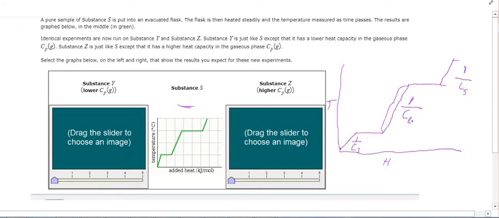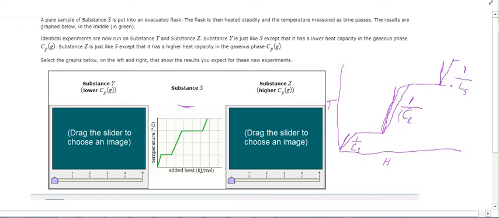That means that as we have a smaller, lower heat capacity, that will have the effect of making this part of the curve steeper. And the opposite is true.